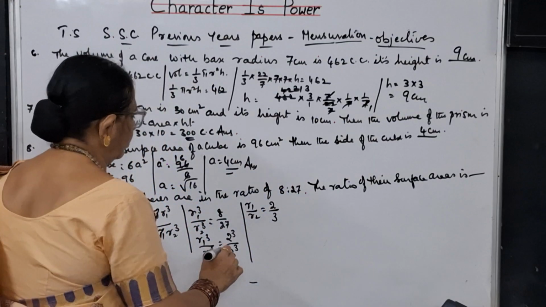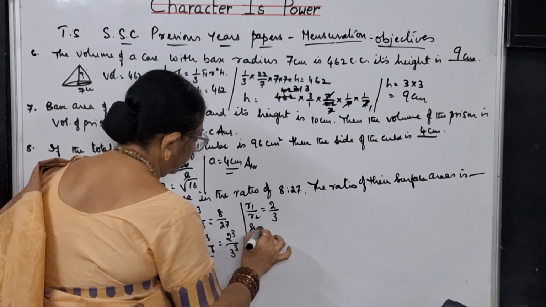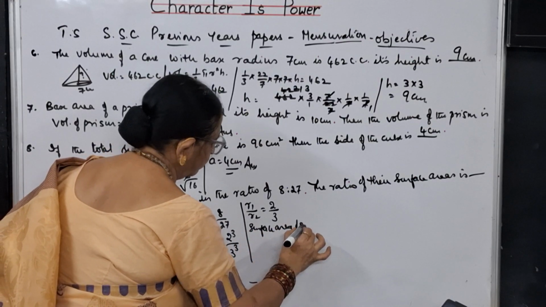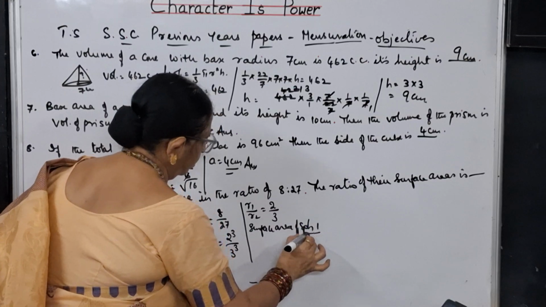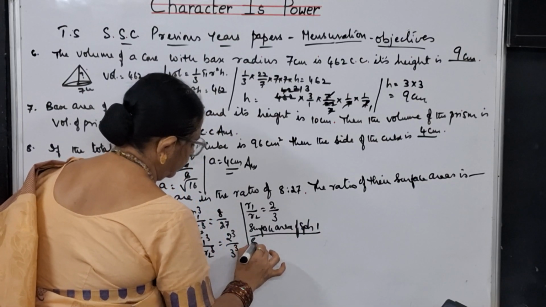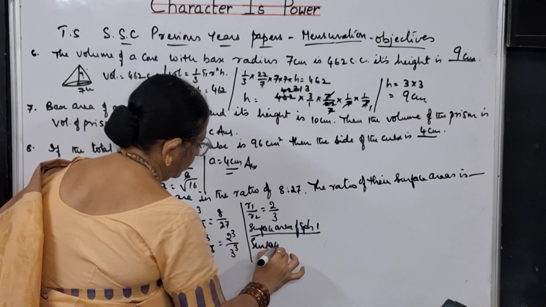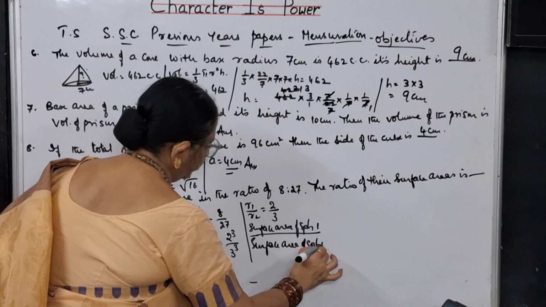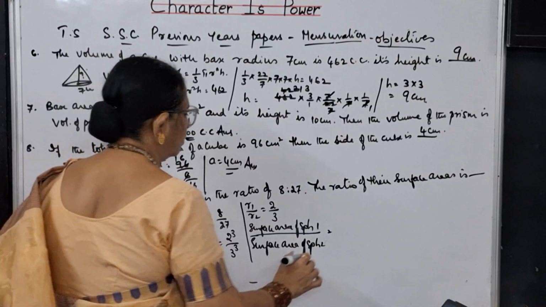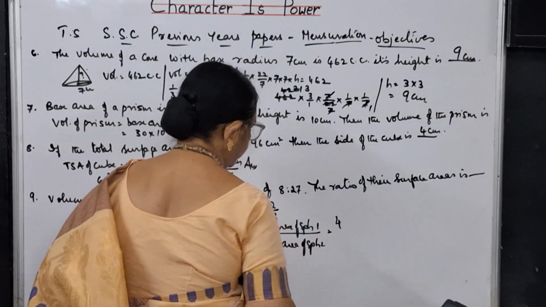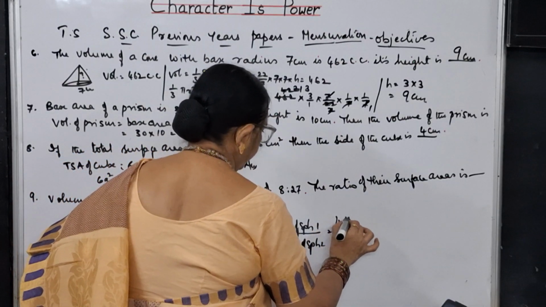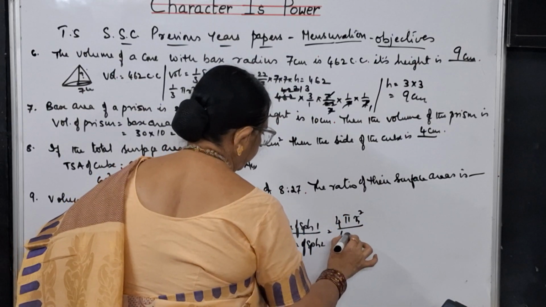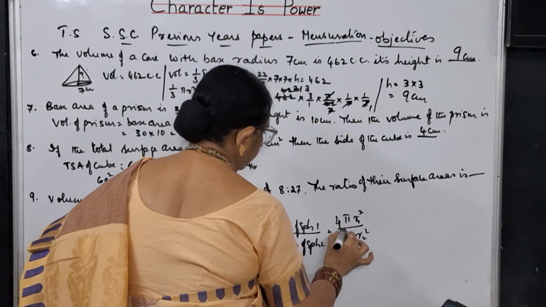Now you want surface area. Surface area of sphere 1 by surface area of sphere 2. Formula is 4 pi r square, r1 square by 4 pi r2 square.